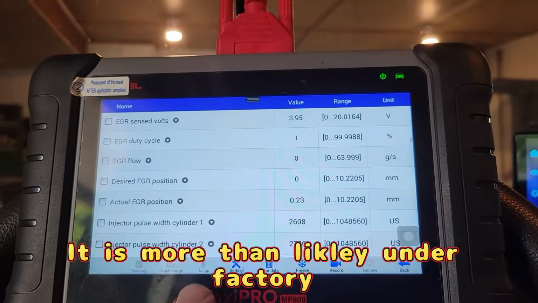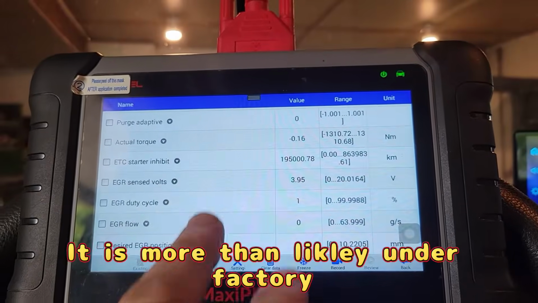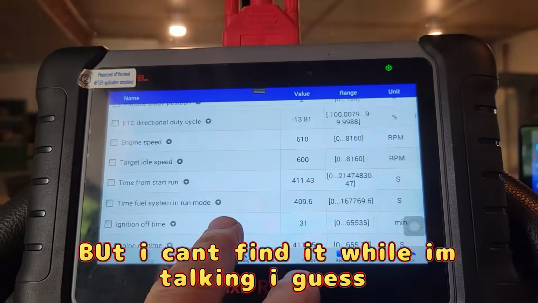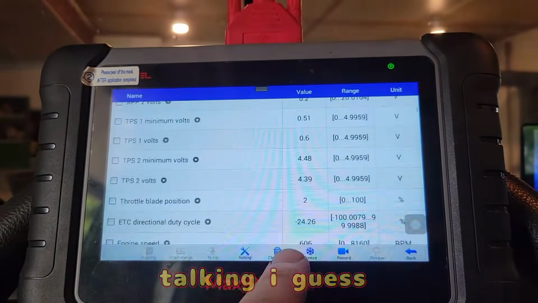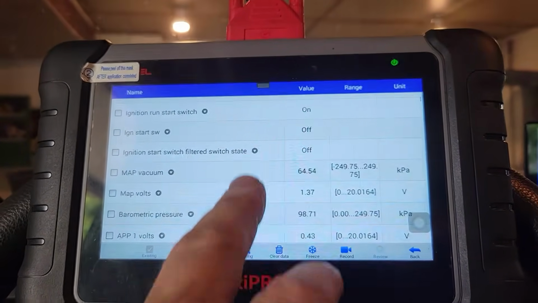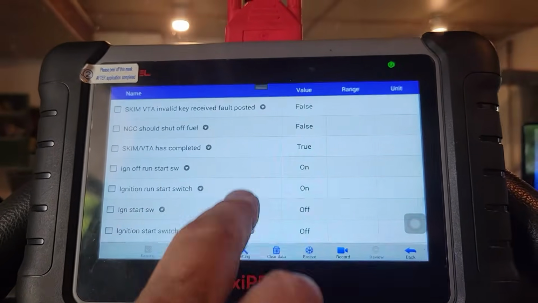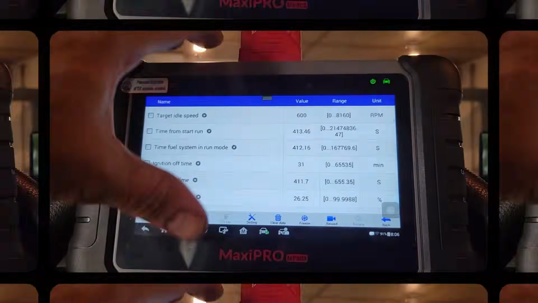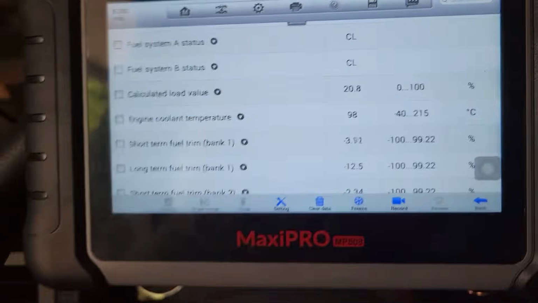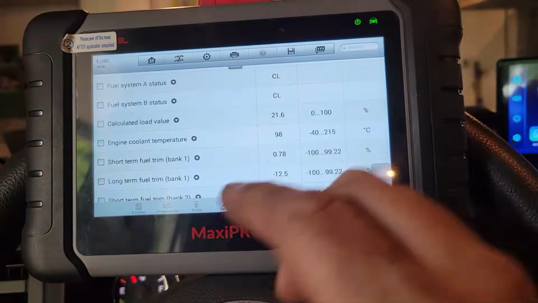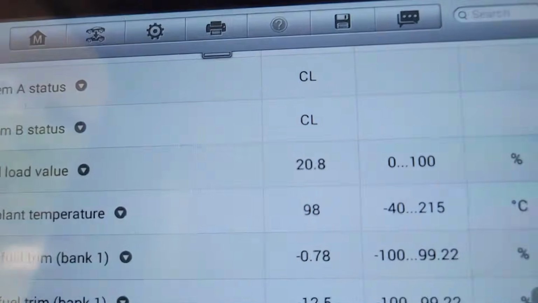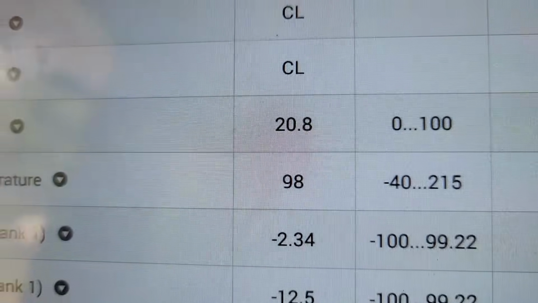That's where I look for that. Okay guys, this is under global, the live data. This is what I just wanted to show you, the calculated load value. It's low 20s.